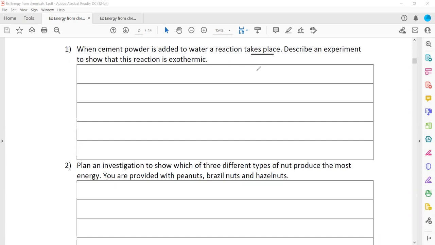So we want to make sure that the reaction is exothermic, or that the reaction is releasing energy. So how can we make sure of this? We'll take, for example, 10 cm cube of water into a beaker.